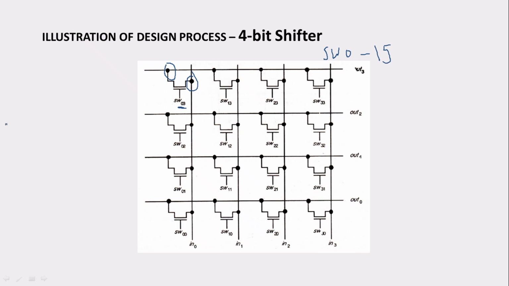I'll be grouping one group of four switches for shift 0, one more group of four switches for shift 1, four switches for shift 2, and four switches again for shift 3. So you can see this is the normal arrangement.